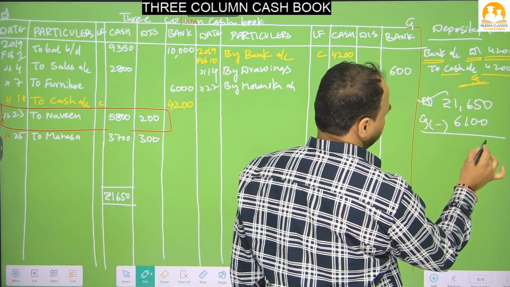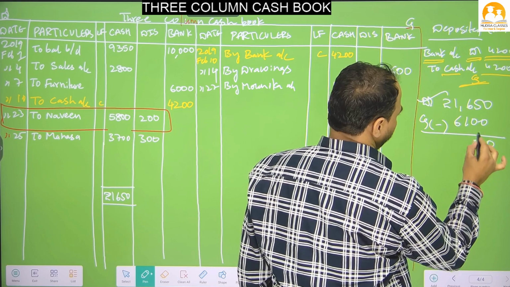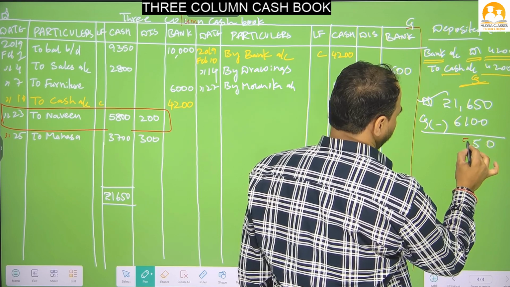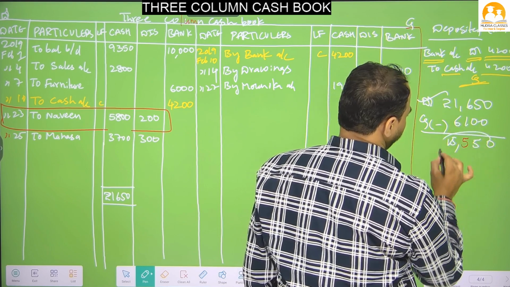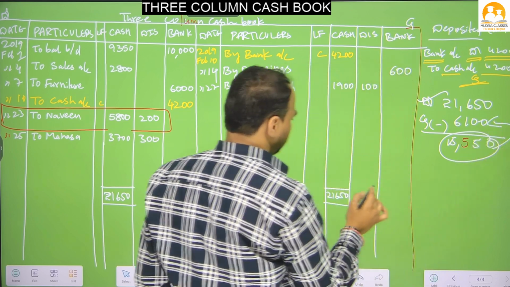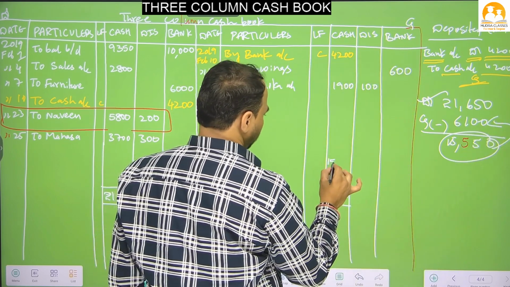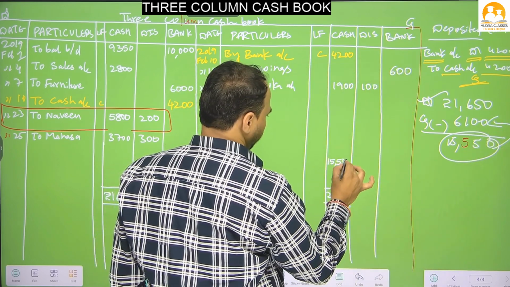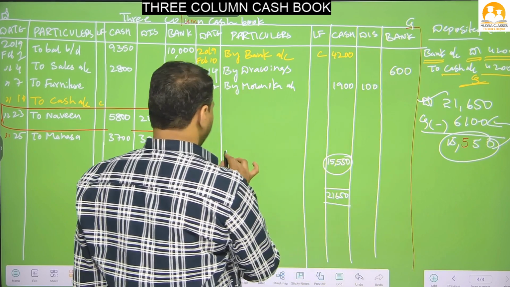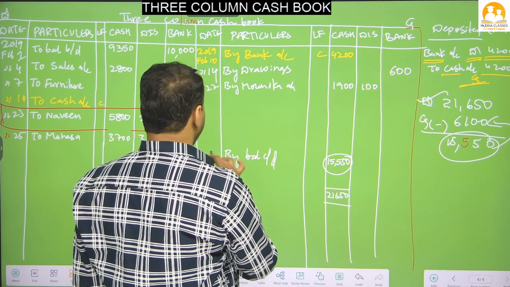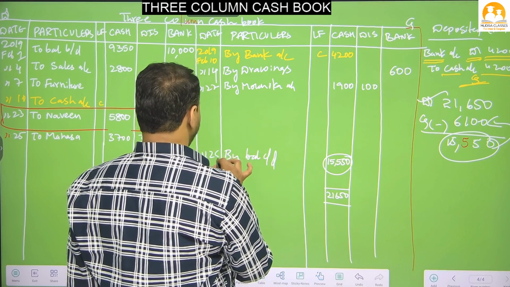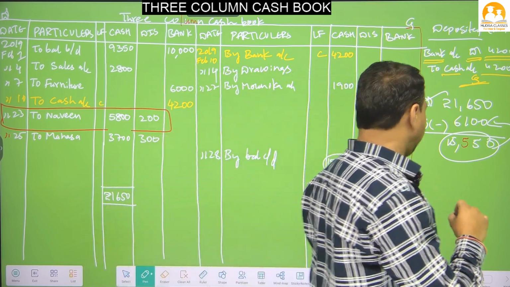The answer is 15,550. Write it on the credit side because the credit side is the smaller amount. This is called closing balance, by balance carried down. The date is the last date of February, 28.